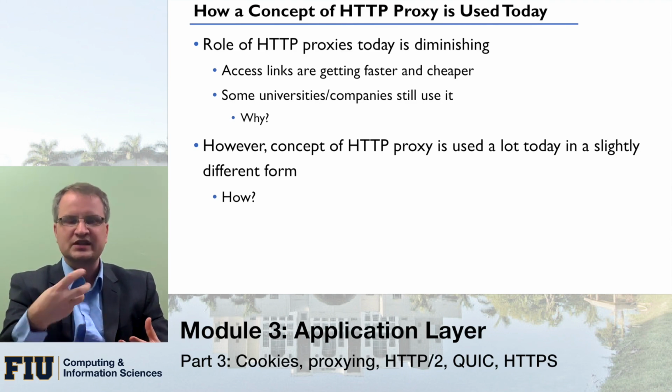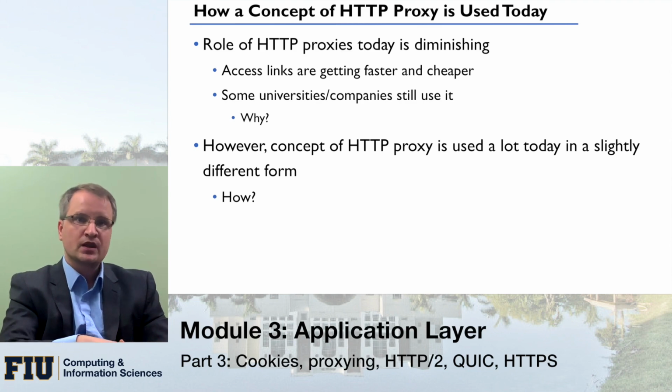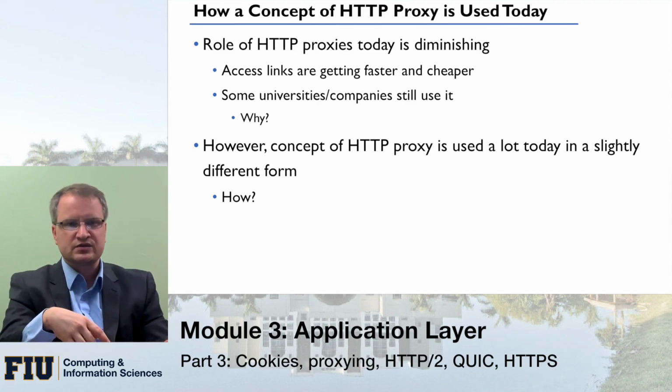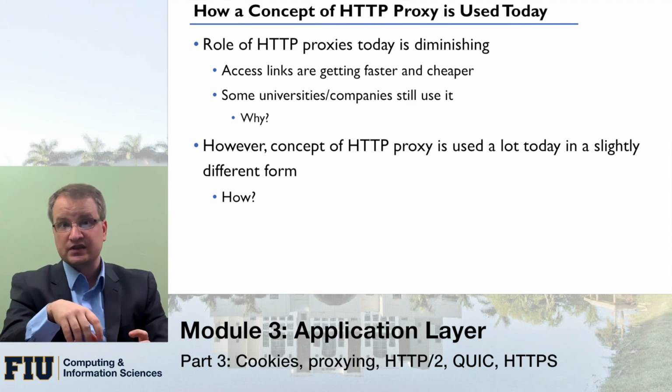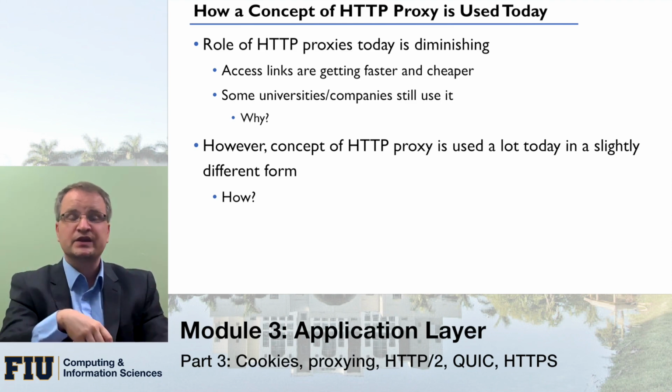We're not really constrained by those things. For example, at FIU, I think we have gigabits or tens of gigabits of bandwidth available for us to use. So it's not a big problem. Now the problem is most likely on the other side.